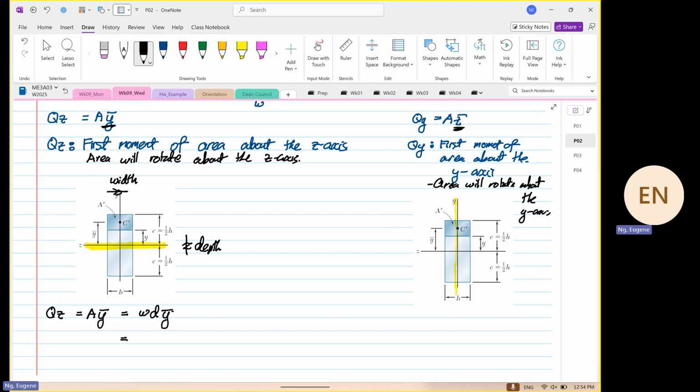For this case, the width is B. And then the depth: what do we mean by depth in the shaded area? This is the area of interest. Over here, this is our depth. So the depth is C minus y. And the y bar, which is this value we want to find, is C plus y multiplied by half. Okay.